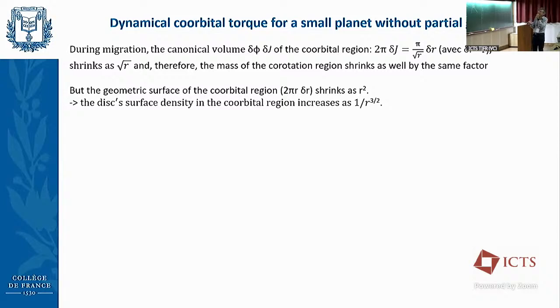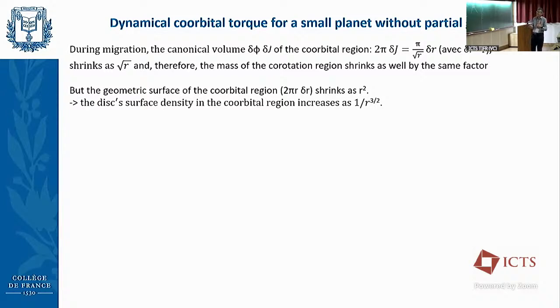So if delta r shrinks with r, delta j, the width in specific angular momentum of the co-rotation region, shrinks as the square root of r. Okay? And so that means that there is less space for the gas in the co-rotation region to stay in the co-rotation region as the planet moves. So there is some mass which has to go out of the co-rotation region because it shrinks.